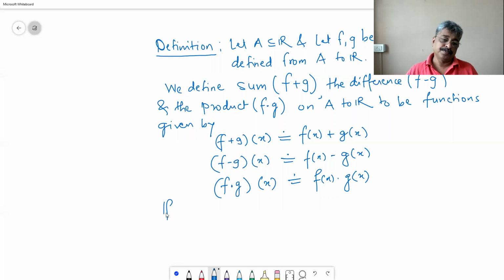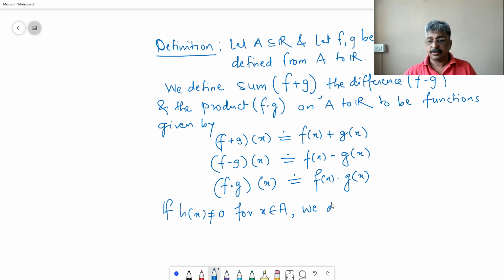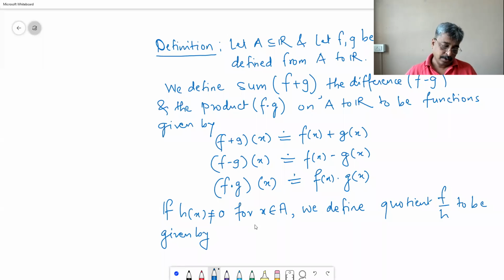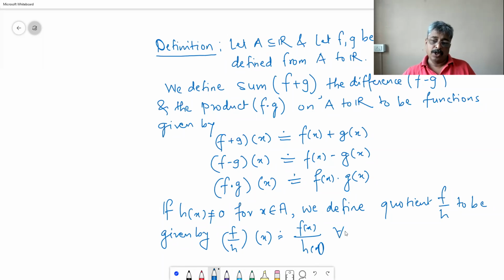Similarly, if h of x is not equal to 0 for x belonging to A, we define the quotient f upon h to be given by f upon h of x is defined as f of x upon h of x for all x belonging to A. This is the definition.